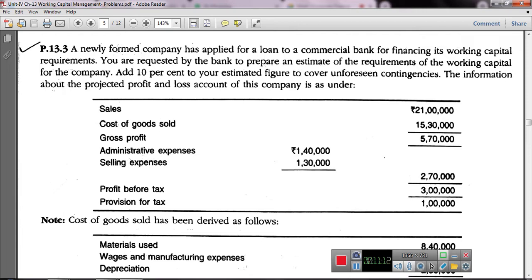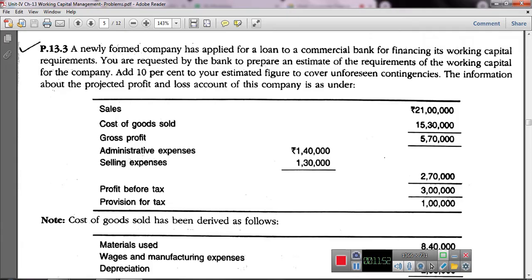In this case you will be playing the role of a financial advisor or a consultant, like our Tata Steel's UK subsidiary, where they already got 200 million pounds approved for working capital. Same way, a company is applying for a bank loan to finance its working capital requirement, and the bank has approached you to prepare an estimation.